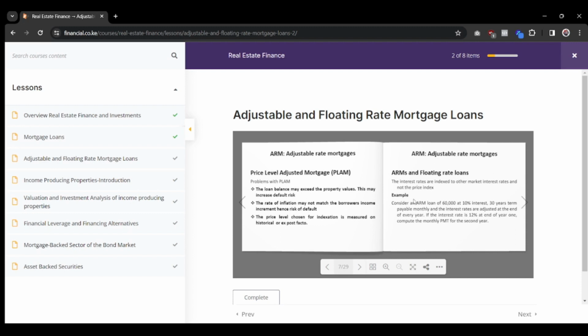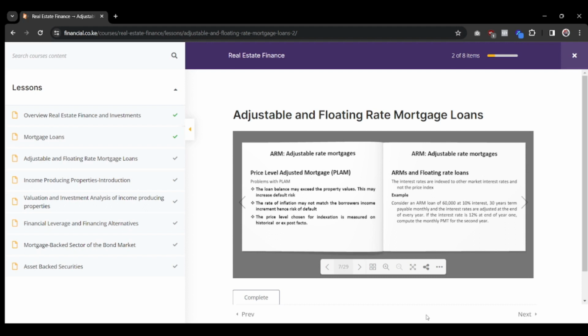For example, consider an adjustable rate mortgage loan of 60,000 Kenya shillings at 10% interest, 30 years term, payable monthly, and interest rates are adjusted at the end of every year. If the interest rate is 12% at the end of year one, compute the monthly repayment for the second year.